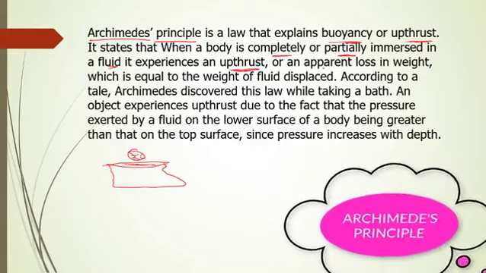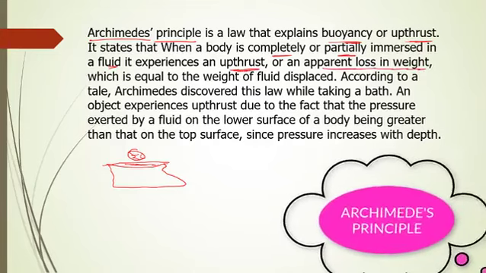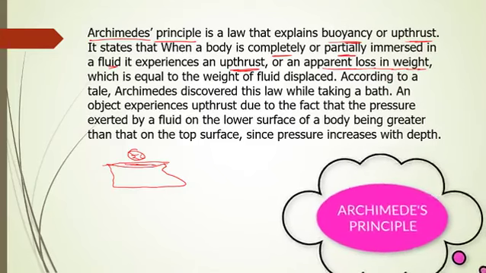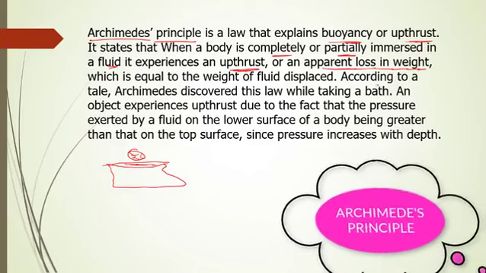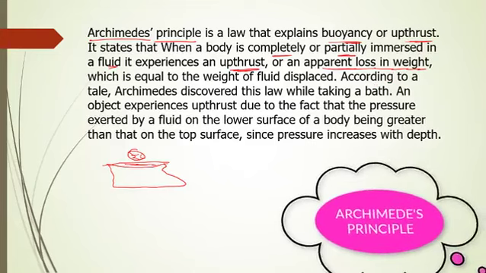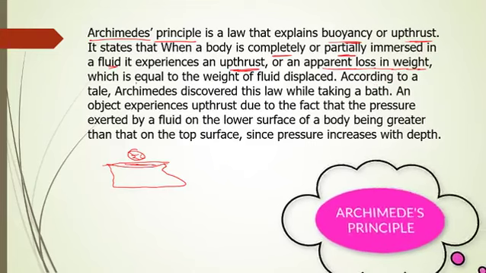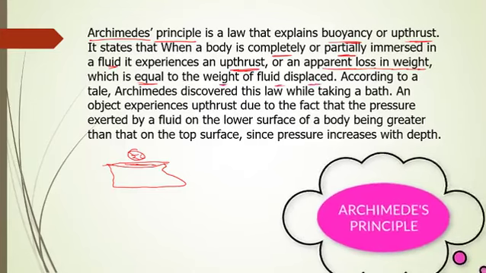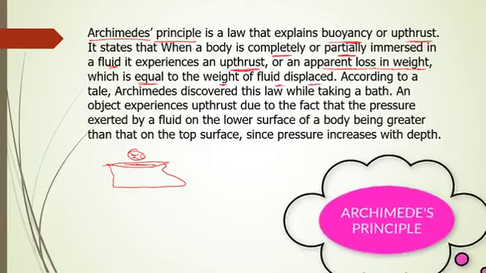It experiences what we call an apparent loss in weight. In other words, it doesn't really weigh as much as it did before it entered that fluid. And that apparent loss in weight is equal to the weight of the fluid that has been displaced by that particular body.